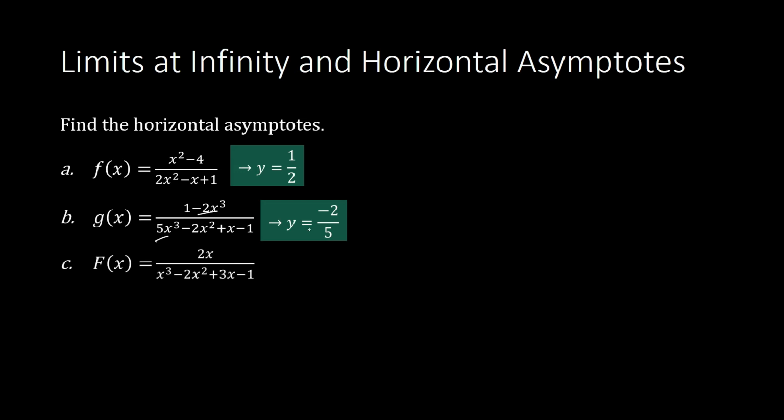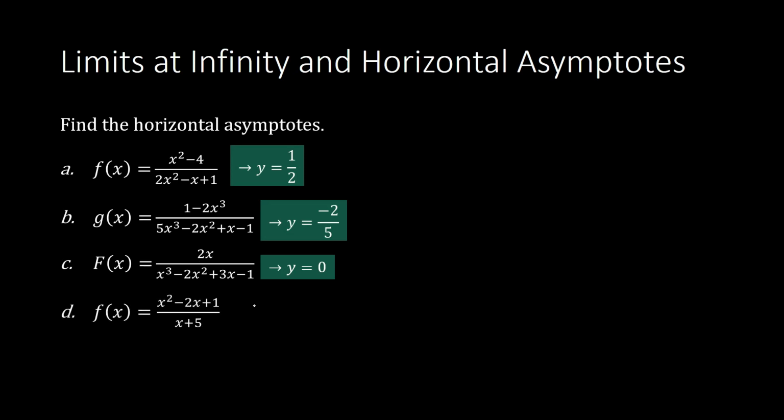So this one, n is equal to 1, but m is equal to 3. This will yield a horizontal asymptote whose equation is y is equal to 0. So that is the horizontal axis. The horizontal axis is the horizontal asymptote.